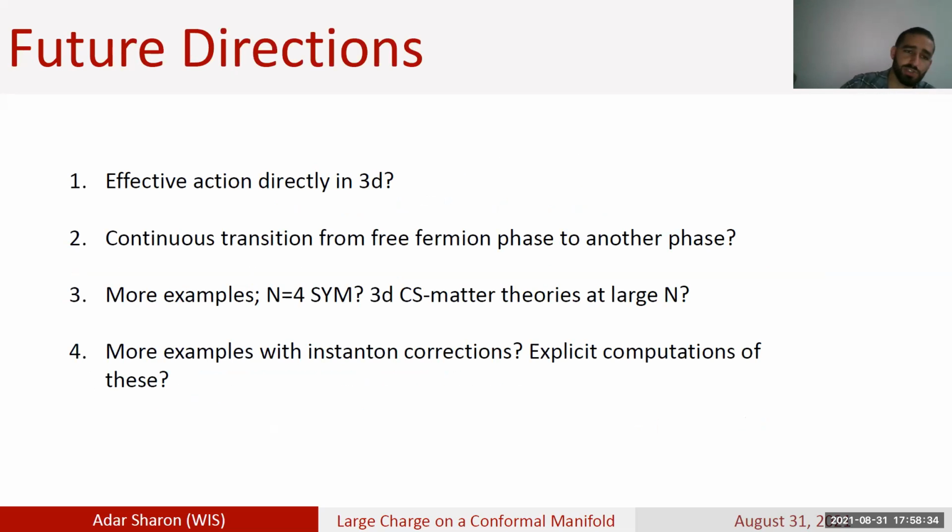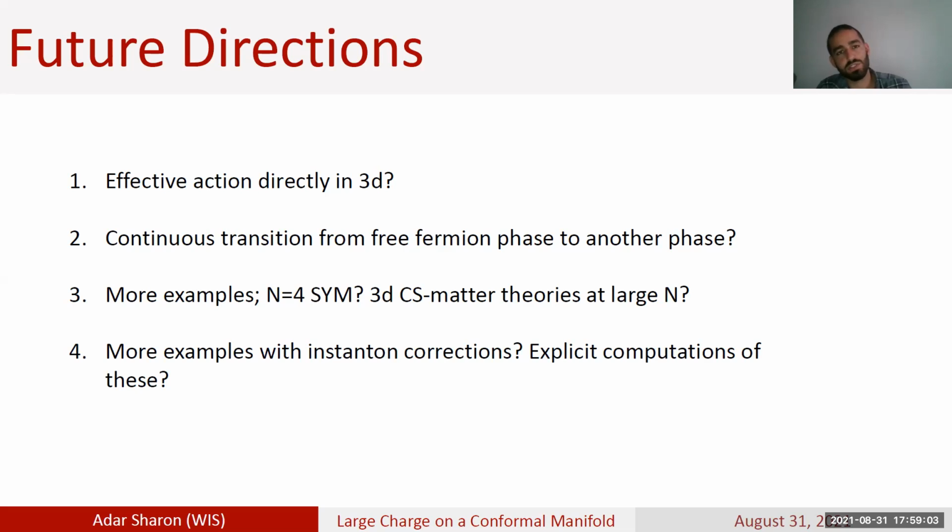So there are a few directions that we discussed that would probably be interesting. The first one would be to try to do this effective action formalism in the three-dimensional theory without having to use the epsilon expansion. Hopefully there's some other way to constrain the terms in the effective action, and maybe if someone can make this tractable, then you can really see the superfluid regime without doing the epsilon expansion.